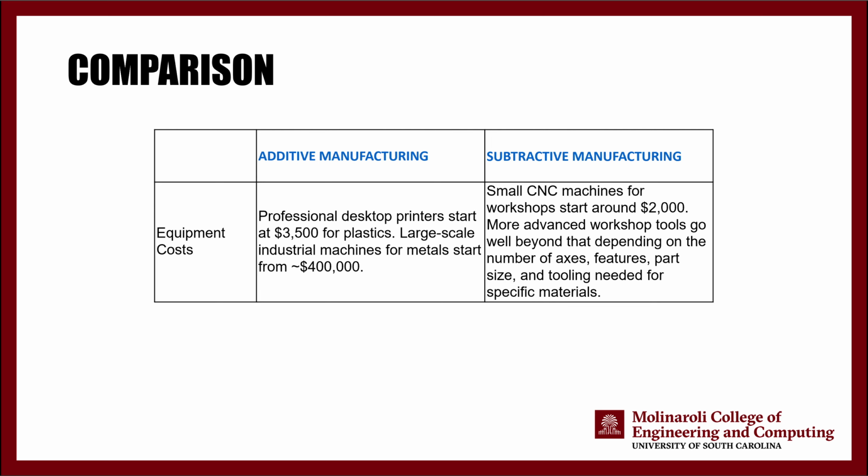But if you want a comparison, as far as equipment cost goes, a professional desktop printer usually starts at $3,500. If you want to use something at home, you can buy an Ender for $150. But larger scale industrial machines are usually much more expensive.